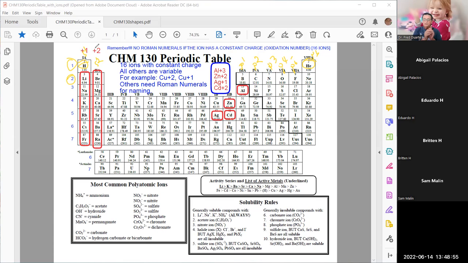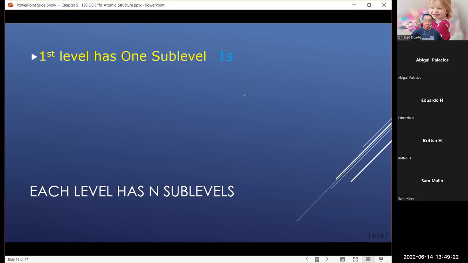The superscript represents how many electrons are in that orbit. So S superscript 1 tells you there's 1 electron, and S superscript 2 means there are 2 electrons in that orbit. The coefficient tells you what energy level you're at, 1, 2, 3 through 7. I realize it could be a little confusing right now. We'll try to put it all together for you in a bit.